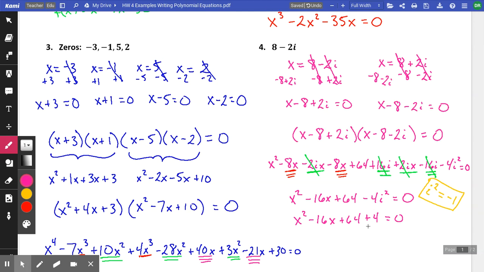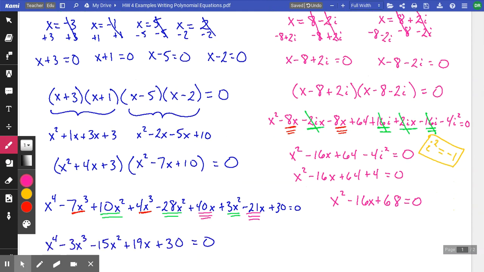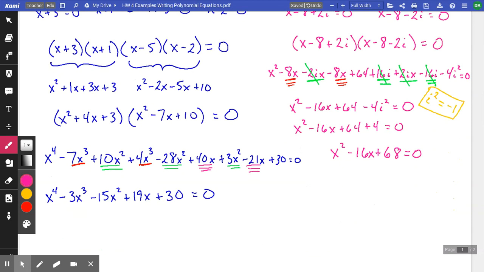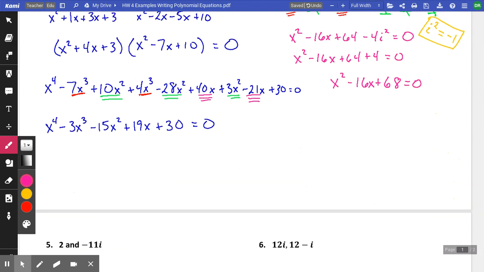And then if we combine those last 2 terms, we get x squared minus 16x plus 68. And so there's a polynomial of degree 2 for our 2 solutions. And, better put an x there. There are no imaginary terms to it. Okay. So using that i squared equals negative 1 is helpful, and also remembering that our polynomials don't have imaginary terms is helpful as well.